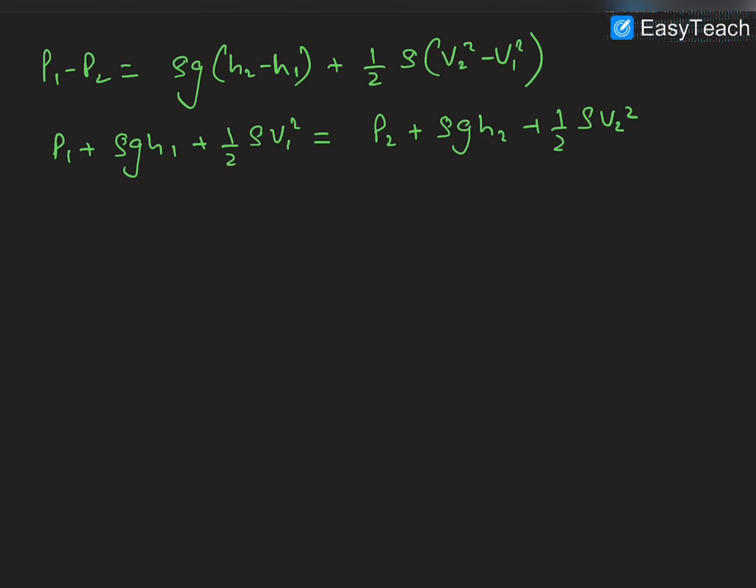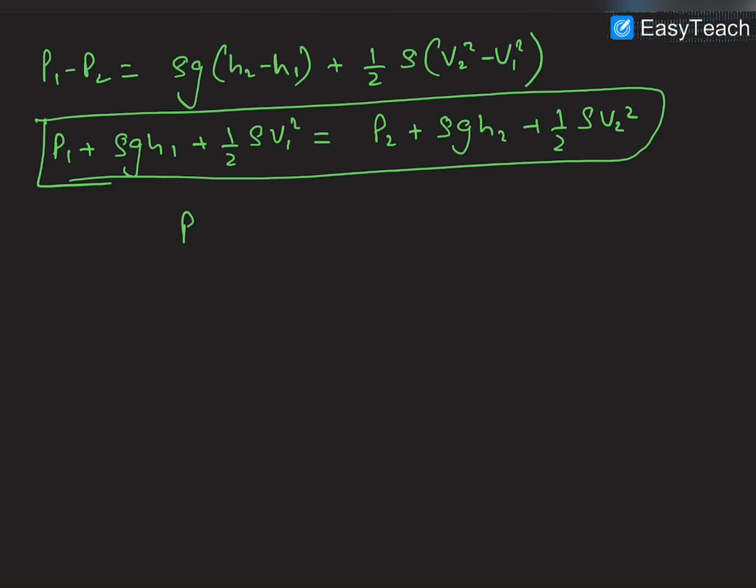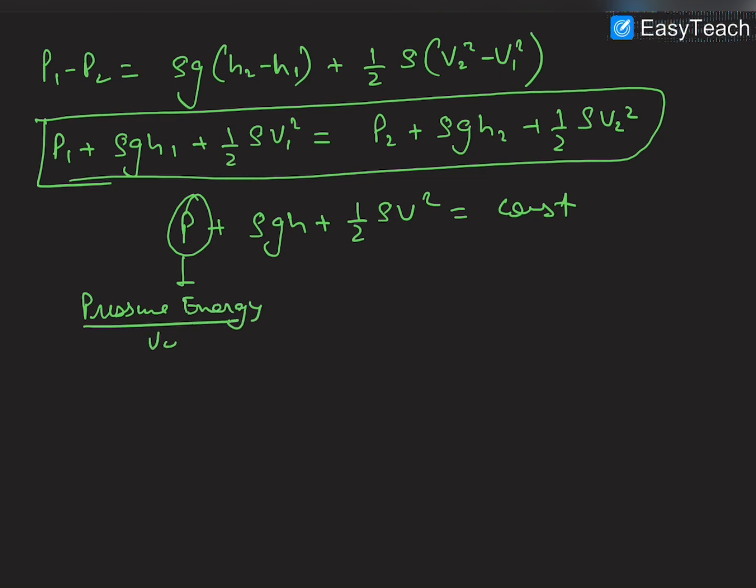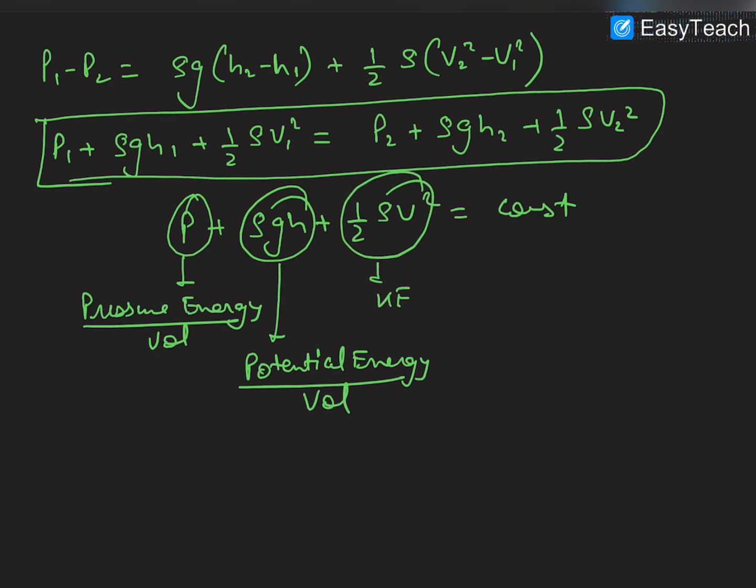Now this is the general form of Bernoulli's theorem, and we can also write it as P plus rho gh plus half rho v square is constant, where P is the pressure energy per unit volume, and rho gh is potential energy per unit volume, and half rho v square is kinetic energy per unit volume.